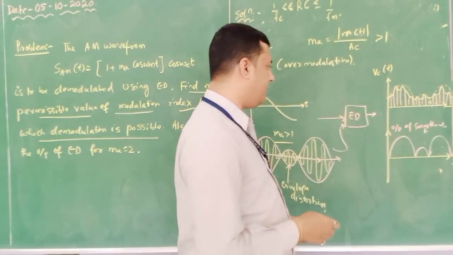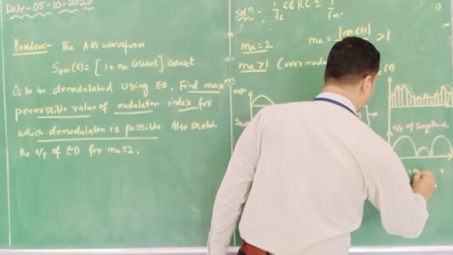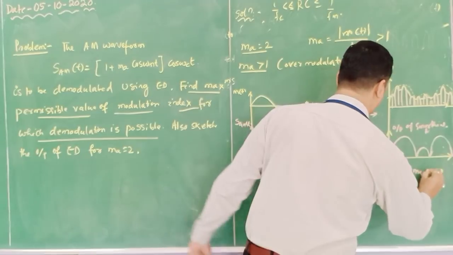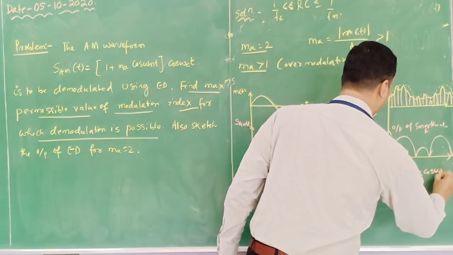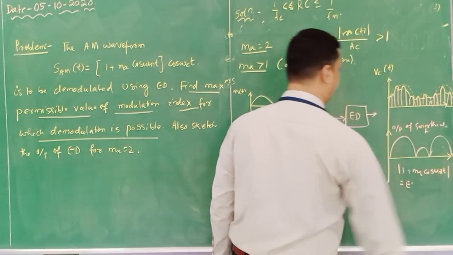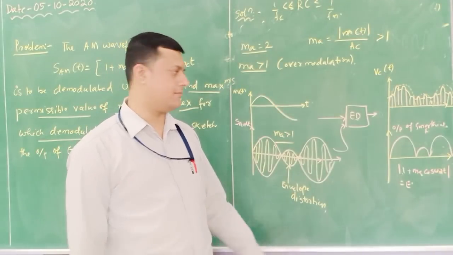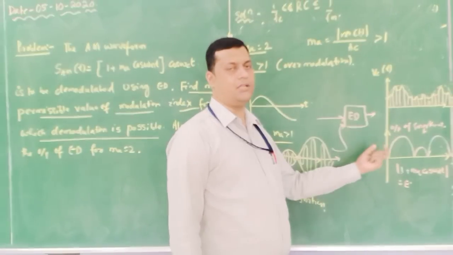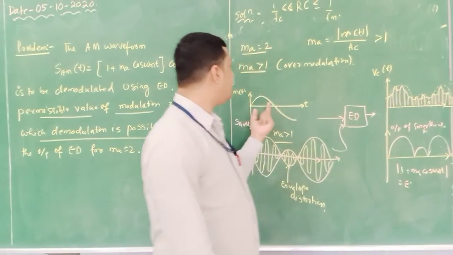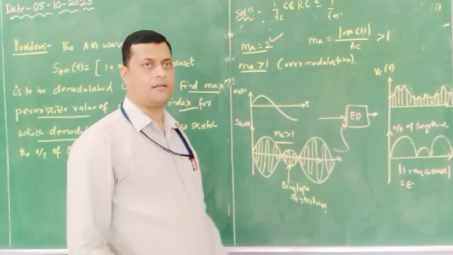It is not a message signal. The envelope means 1 plus Ma cos omega m t. Only the magnitude part is available. It is the envelope, not a message signal. We cannot reconstruct the modulating signal, but it is only giving the magnitude for the modulation index greater than 1. Okay.